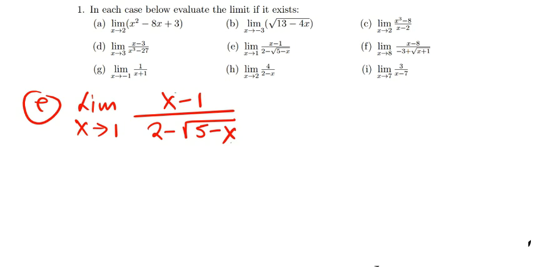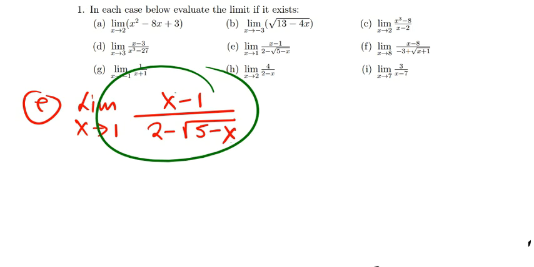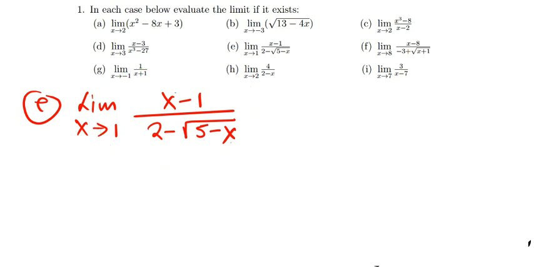So this is something that we can deal with. Okay, these are surds. By looking at the radical that we have on the bottom, we can multiply by what we call the conjugate to just do away with that. So let's change the sign in between the denominator and we'll multiply it with both: 2 plus root of 5 minus x.